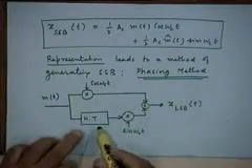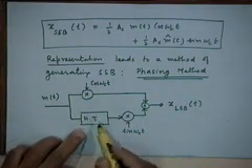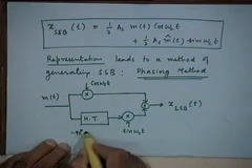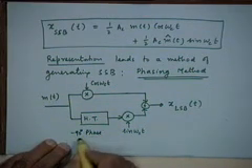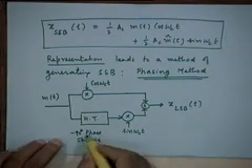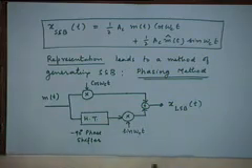Basically we call it the phasing method because this requires the implementation of a 90-degree phase shifter, right. It requires a 90-degree phase shifter, not at a single frequency. Realizing a 90-degree phase shifter at one frequency is a very trivial job.